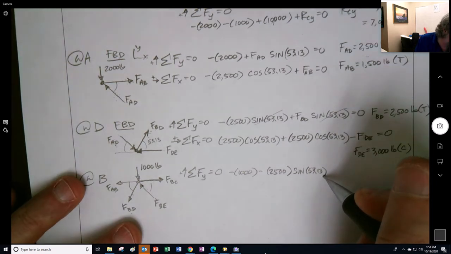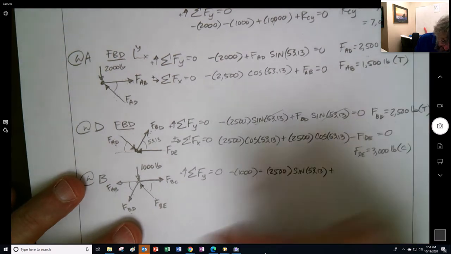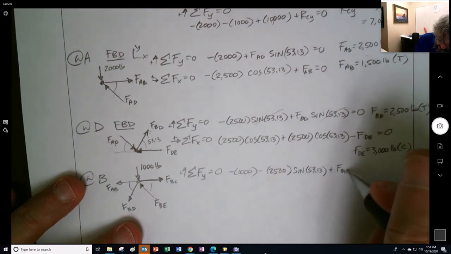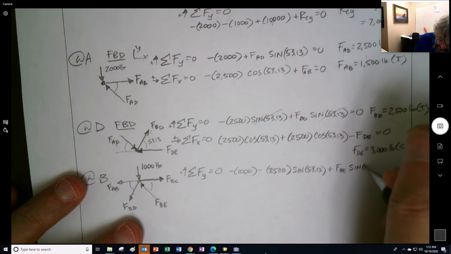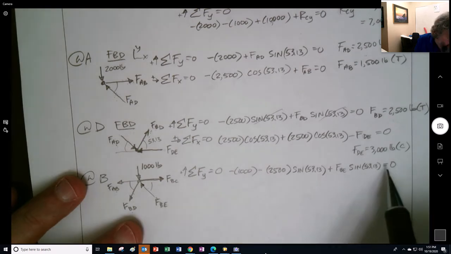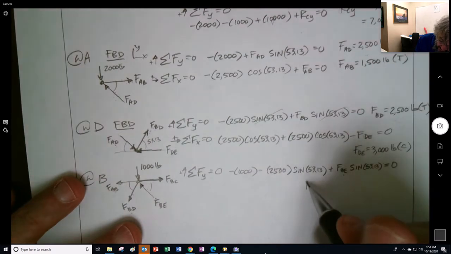Let me double check that I got that right, as I'm trying to think as I do this. Yes. And then we're going to have a plus, because this one's up, FBE, and that too is going to be the sine of 53.13. And I believe that's going to equal 0. Did I do that? I think I got all that right. Double checking. Okay.